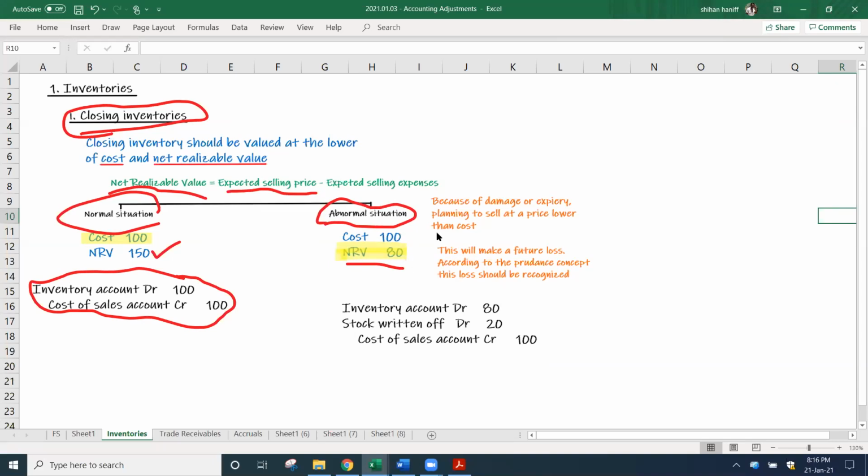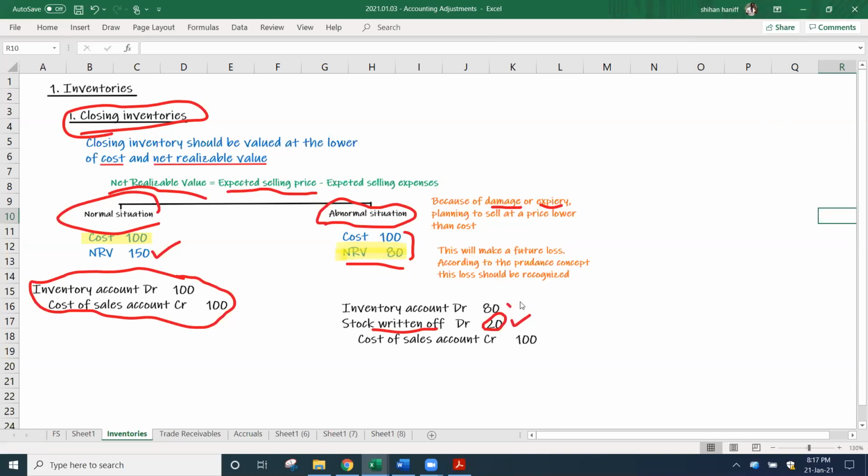Why are we selling at less? Either it is due to damage or expiry, or if there is any other reason, maybe a promotion, we sell at less than the cost. In that situation, we have to write off the difference. If we are selling 100 worth of stock at 80, we need to write off this 20.